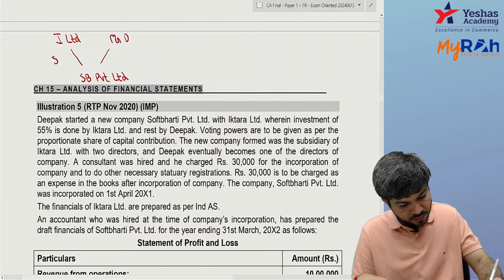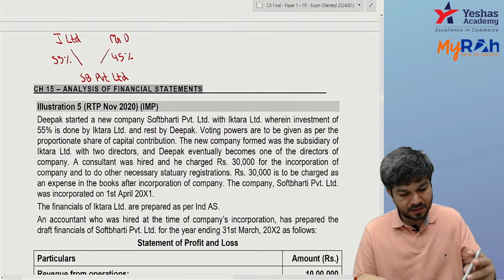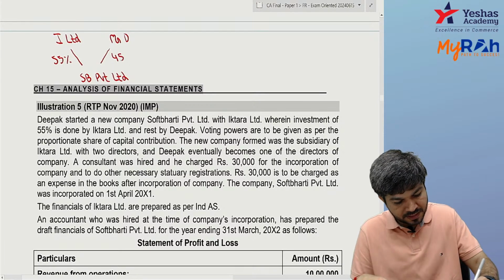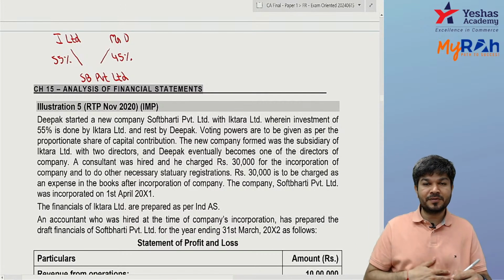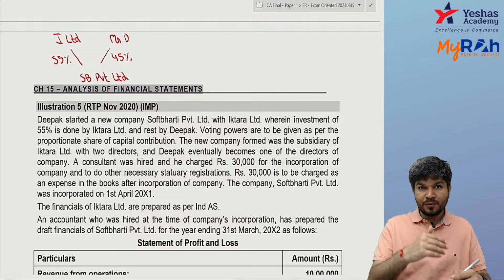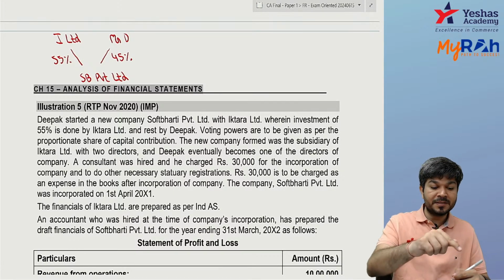Iktara holds 55%, Deepak holds 45%. If decisions are based on voting rights, can I say Soft Bharti is a subsidiary of Iktara?